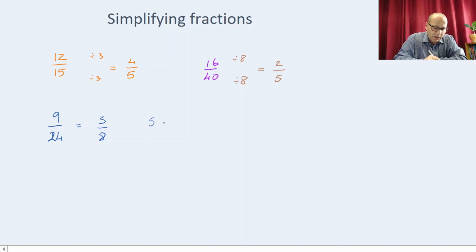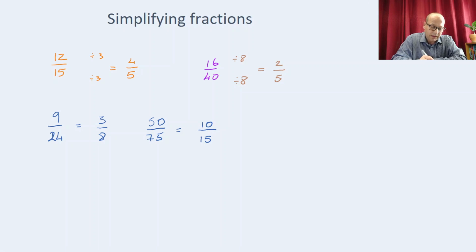If I have 50 over 75, I can divide by 5. So that will be 10 over 75 divided by 5, it's 15. I can divide by 5 again, and that will be 2 over 3.